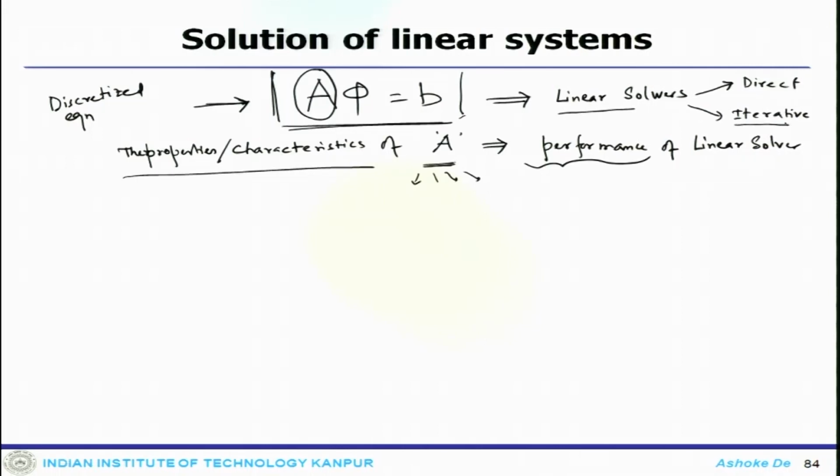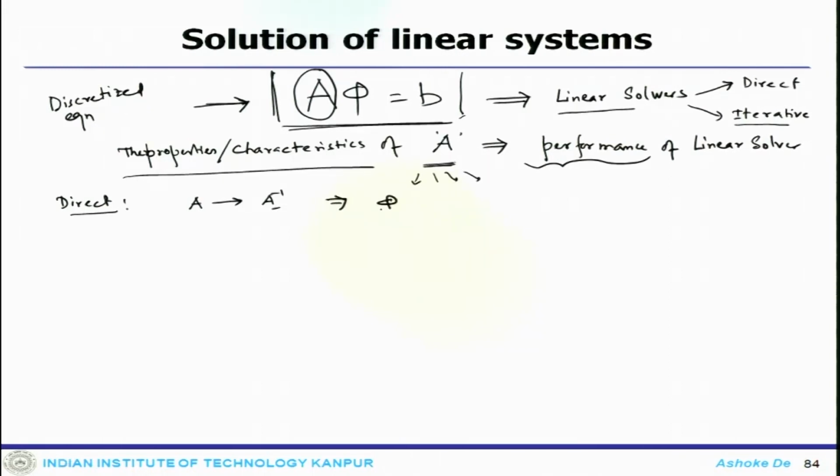Now, in the direct method, as we have discussed, essentially you try to find the A inverse, and once you get the A inverse, you find the solution of phi.